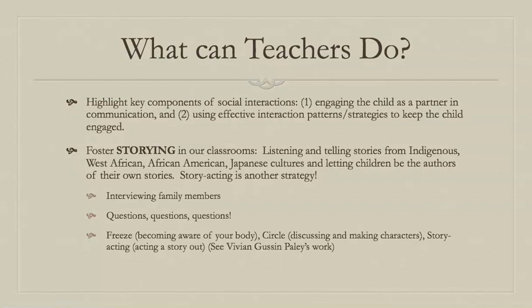Vivian Gussing-Paley has a collection of books that she wrote when she was a kindergarten teacher and after she had retired from that, in which one of the ways in which she would encourage or promote literacy and language development for her students was through acting out stories. So the children would come to her, and if they didn't know how to write yet, they would dictate the story to her.